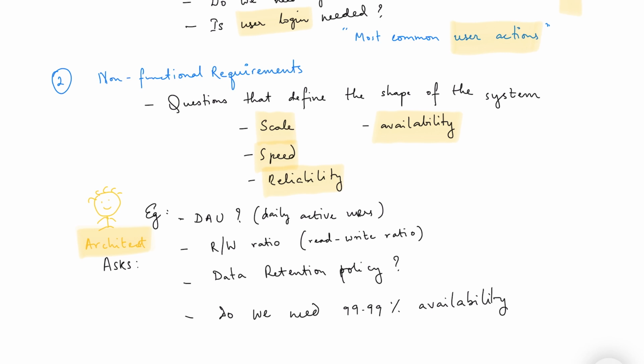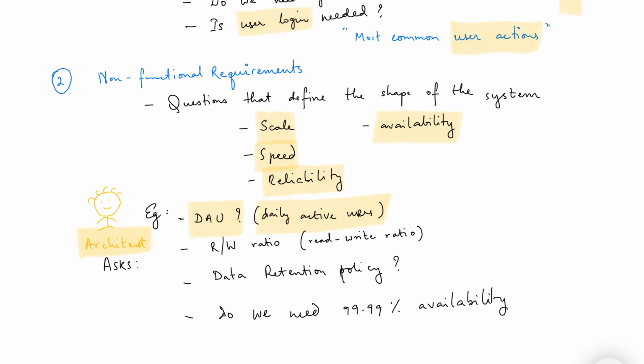So our architect knows this second layer, and following the same, he asks the right questions. To figure out the scale, speed, reliability, availability and all the non-functional requirements, our architect begins by asking, what is the DAU, or daily active users, that we are expecting in our system?